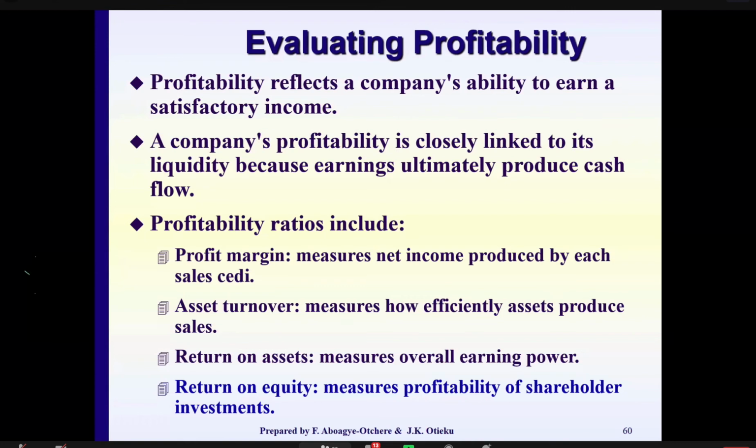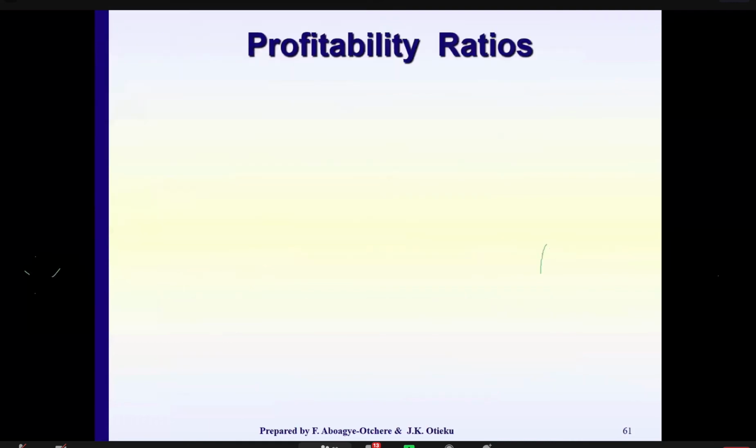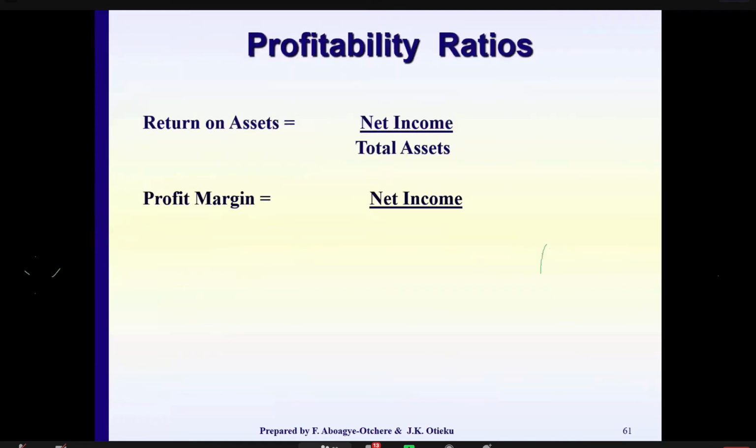Now, when you are doing ratio analysis, you need to decide on the ratio that you want to analyze. Once you decide on the ratio, the next step is to look at the formula. The formula will include certain variables.